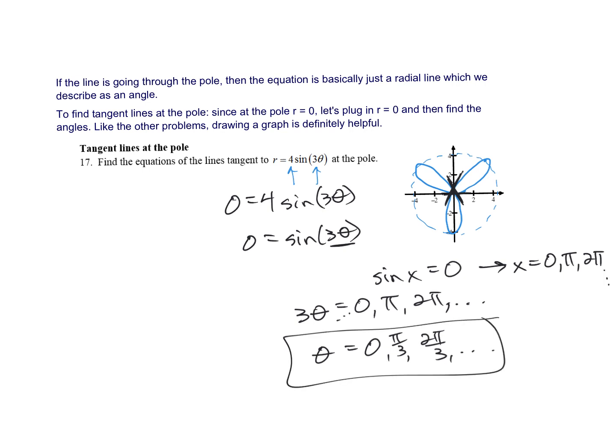So actually super fast. But remember, if it doesn't say at the pole, then when you're doing the equations of tangent lines or the slope of the tangent line and you're in polar, you've got to change it to x and y and then do dy d theta over dx d theta and treat it like it's parametric, okay? That was like the longest lesson ever.